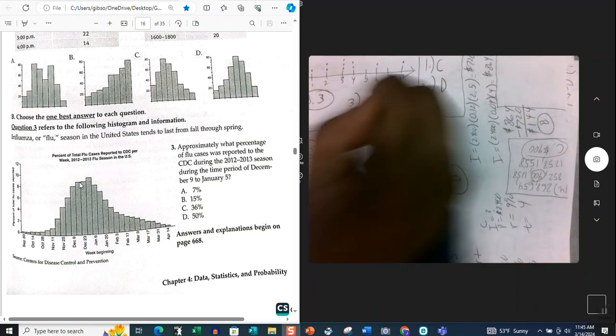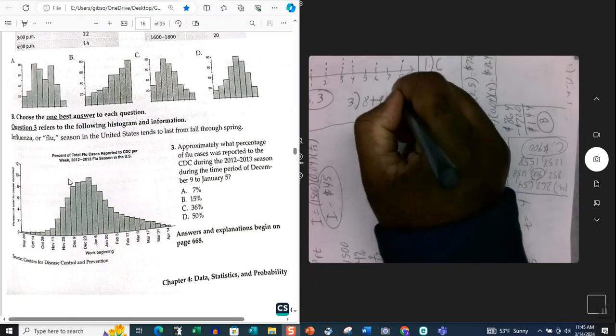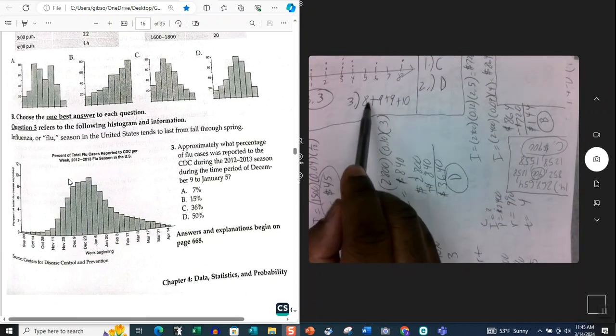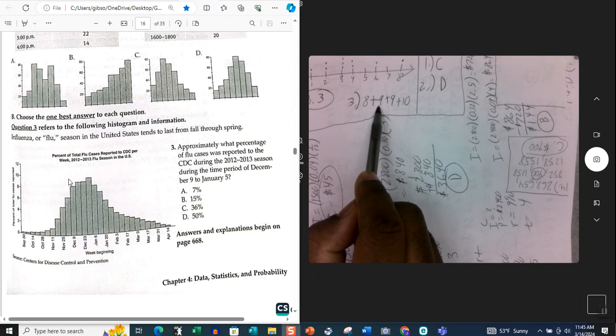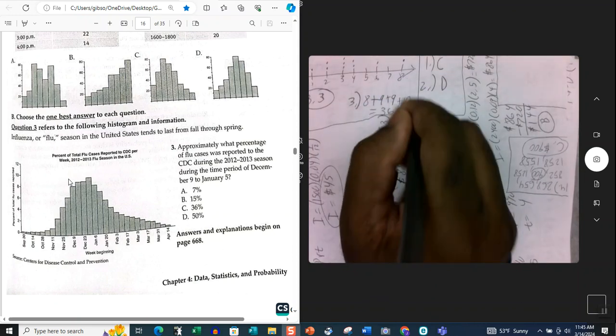Then the next bar would be about 9 too, because they're about the same. And then the last bar is close to 10. Now when we add these up, 8 plus 9 is 17, plus 9 is 26, plus 10 is 36. So this would be about 36%.